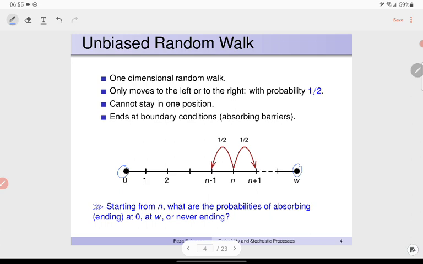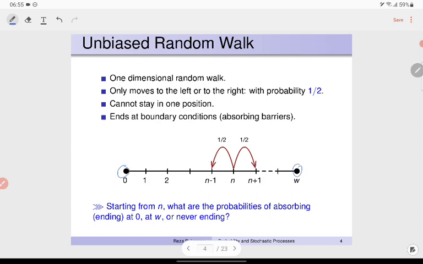That means that when the object hits either of these two barriers, the random walk is considered stopped. It halts. Initially, the object is placed at some arbitrary position on this line.